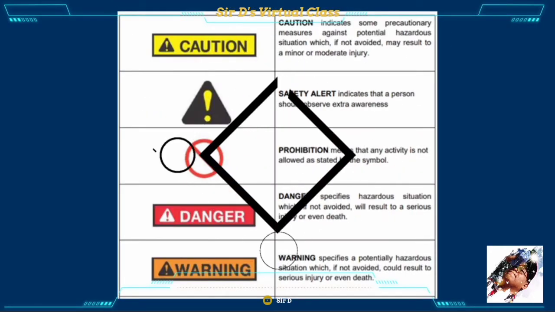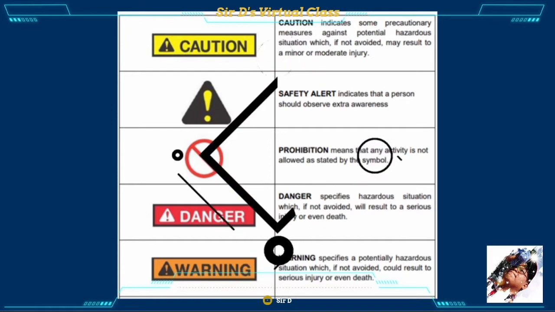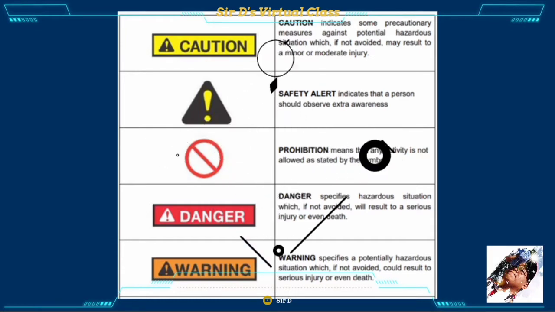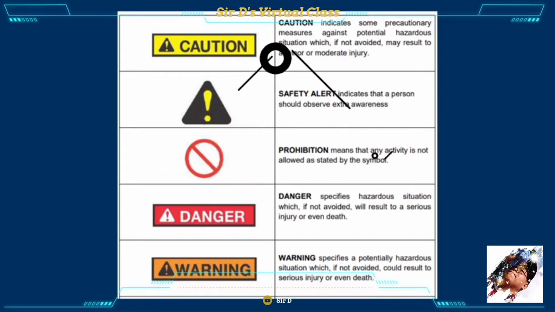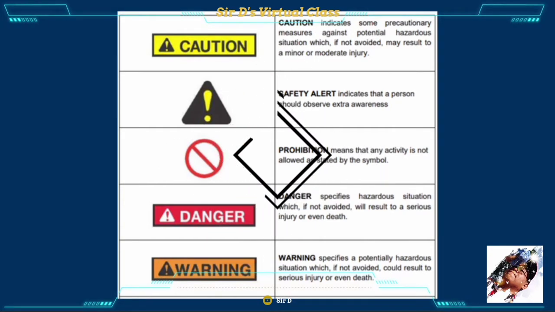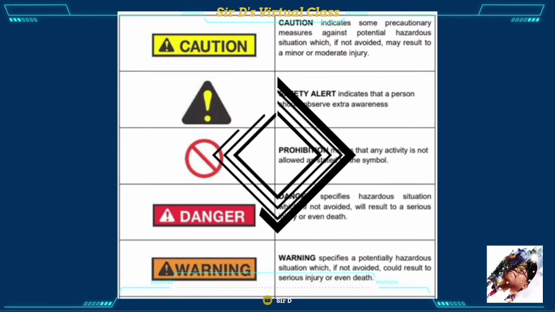Now looking from that background, we already have an idea that electrical signs are used to communicate an immediate or possible hazard and to create awareness among the people working in the workplace. When one sees an electrical sign, he will get an idea of what is present in a certain place or area in the workplace.